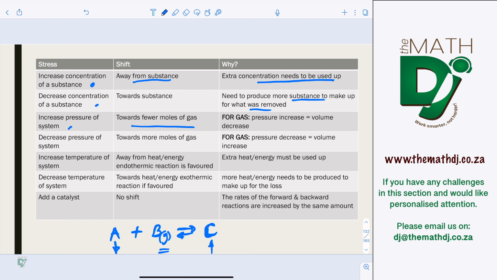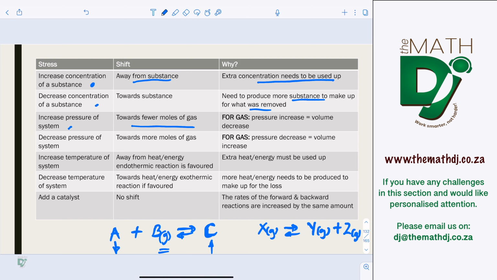In some cases, for example, let's say we have X, which is a gas, forming Y, which is a gas, and Z, which is a gas.